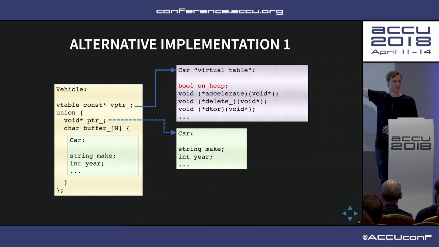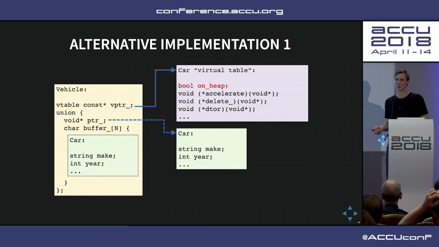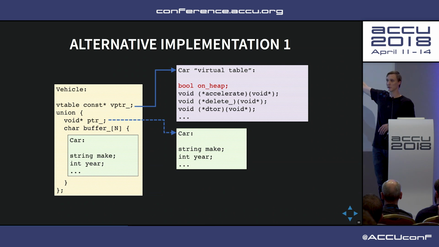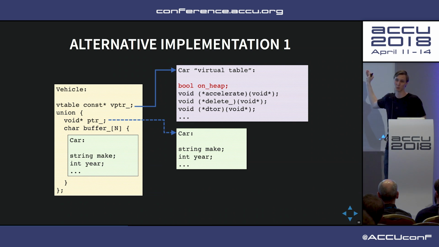Or even better, because for a given buffer size and a given type, the bool is always going to be either true or false. So you can put it in the Vtable, or you can even do better. You can populate your Vtable, and the functions in your Vtable have the knowledge of whether what they're being called on fits in the small buffer or not. So you don't actually need a bool there.